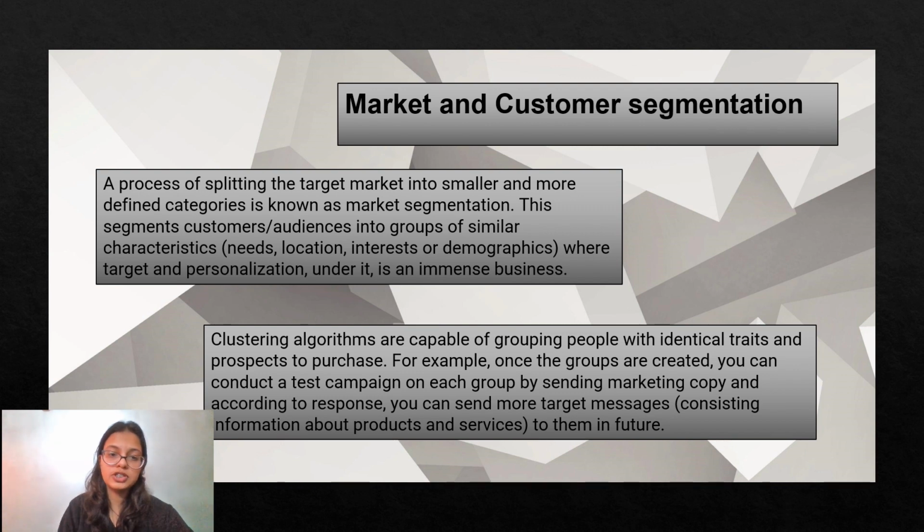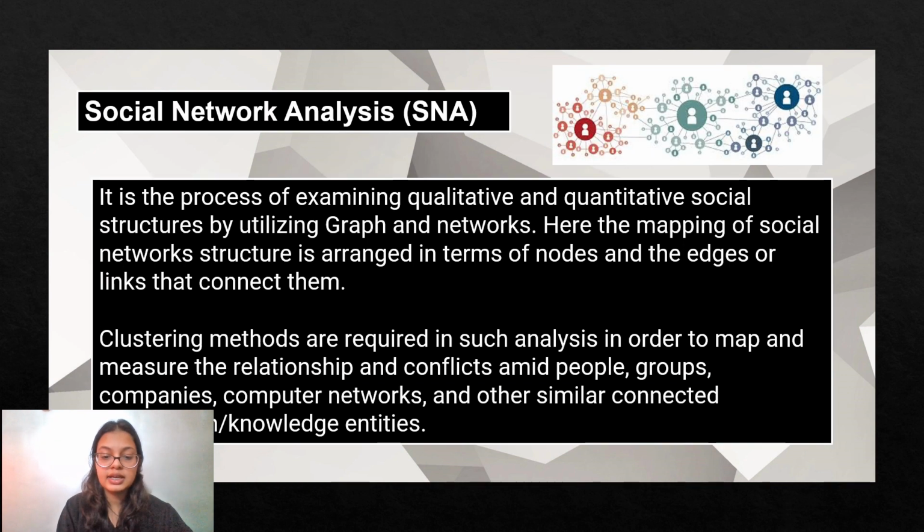Next, social network analysis (SNA). It is the process of examining qualitative and quantitative social structures by utilizing graph theory and networks. Here, the mapping of social network structure is arranged in terms of nodes and the edges or links that connect them.